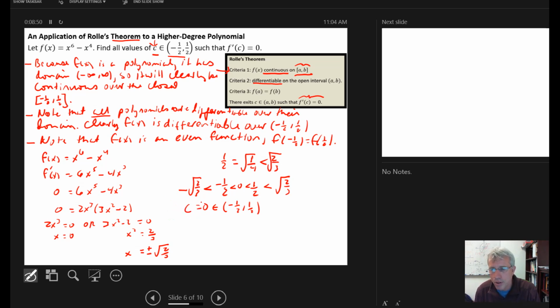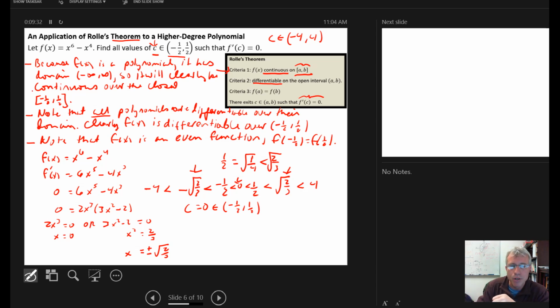And notice that you could change the interval so that all three of these were included. So for example, if I had asked instead to find all values of c on the open interval from negative 4 to 4, well, negative 4 is down here and 4 is up here, so then all three values, minus the square root of 2/3, plus the square root of 2/3, and 0, all would have fallen in this interval, and I would have had more than one value of c for which the derivative was equal to 0 inside the interval of interest.